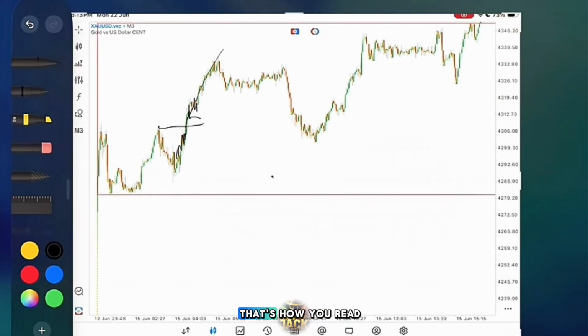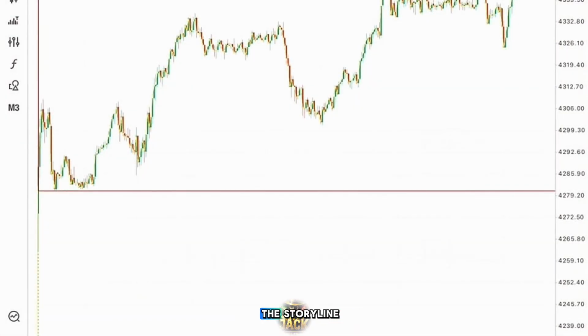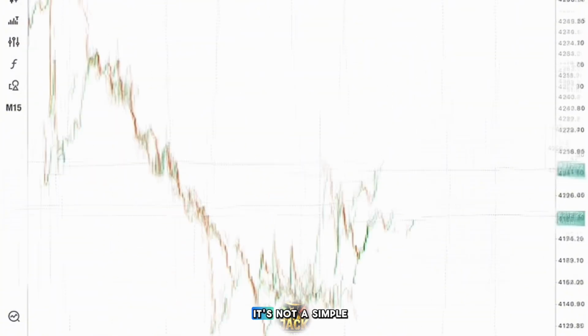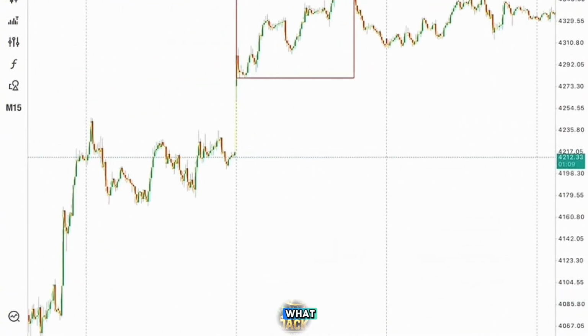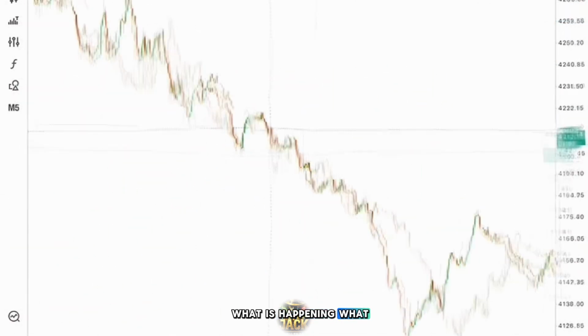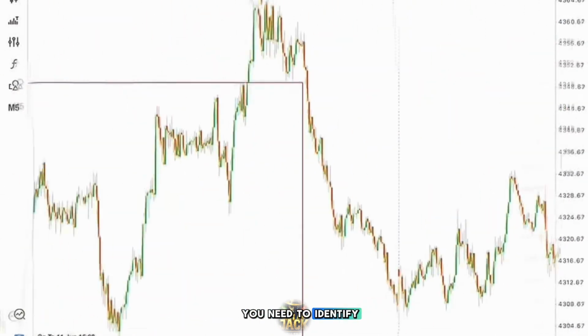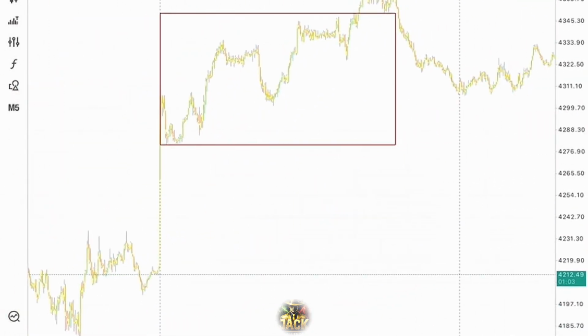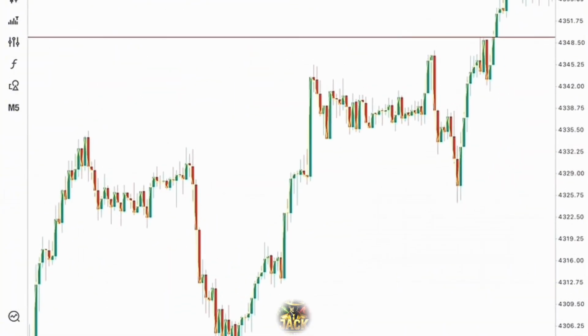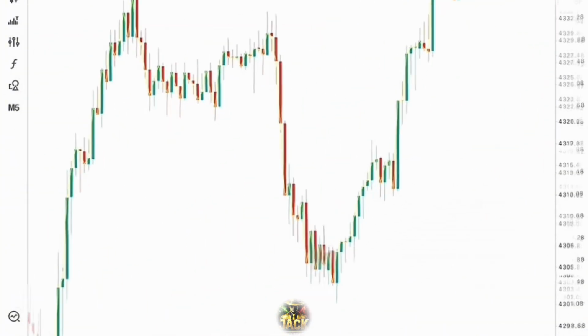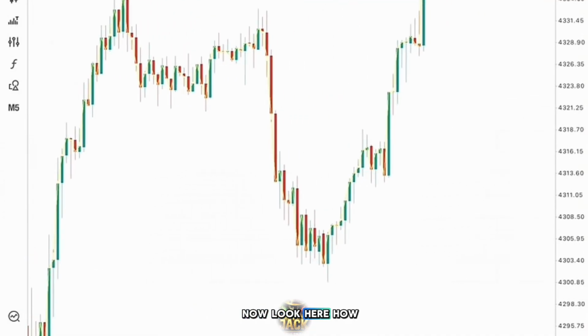Understand? That's how you read the storyline. It's not a simple thing for you guys to just enter the market without even knowing what is happening. What is the market saying to you? You need to identify the storyline. Let me go to M5 again. Now look here.